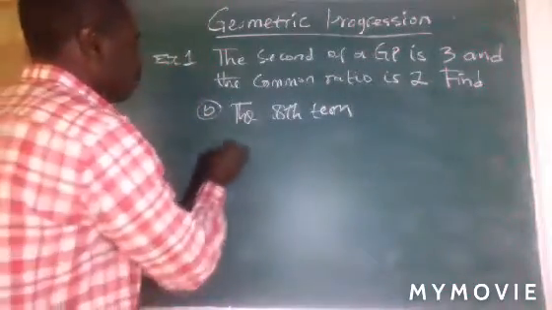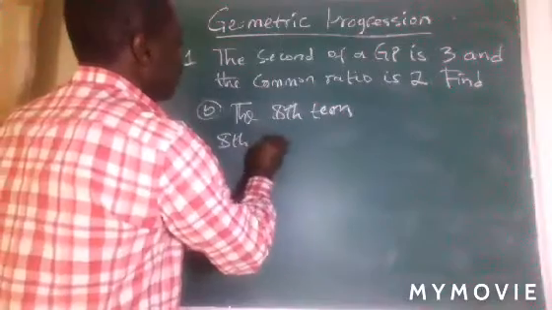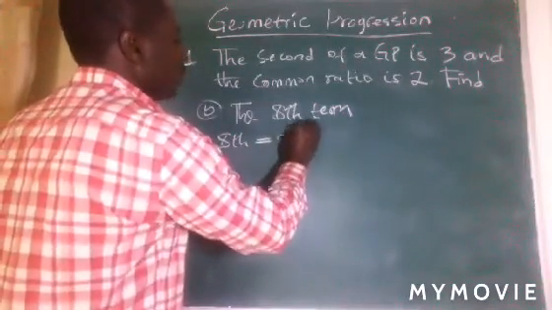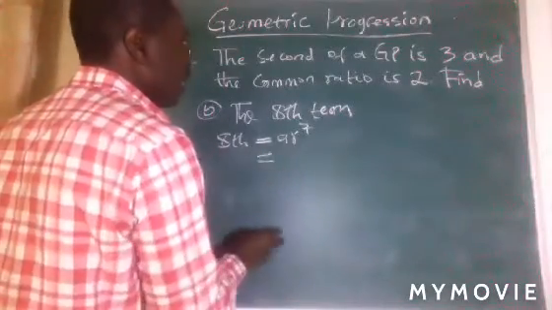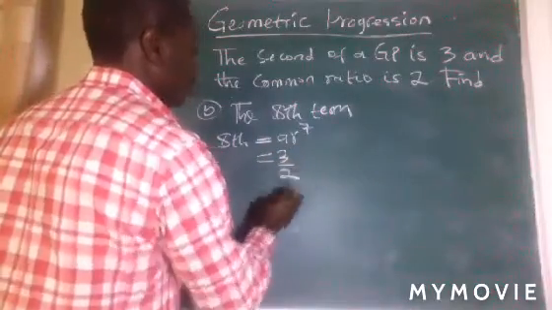The eighth term, by the general formula, is given as ar^7. Now, the first term, a, is 3 over 2.